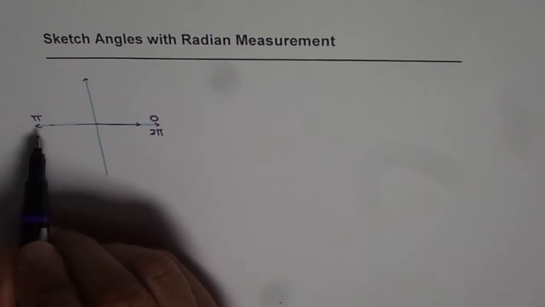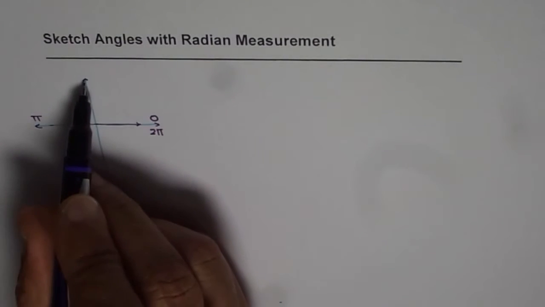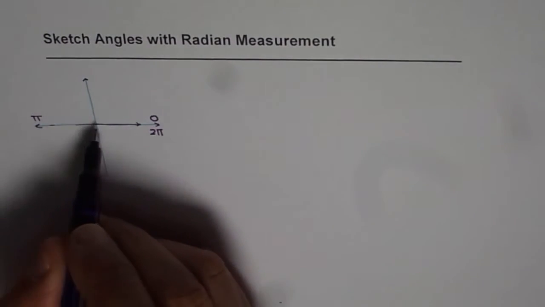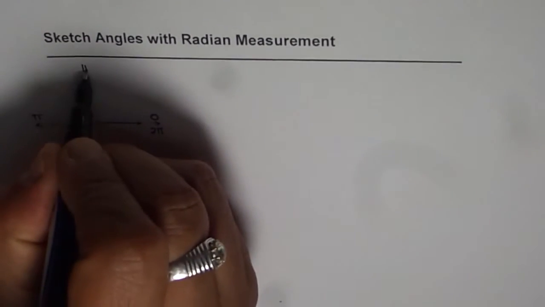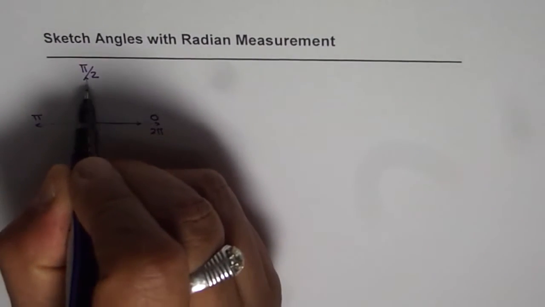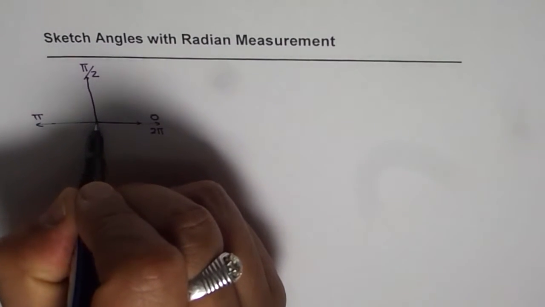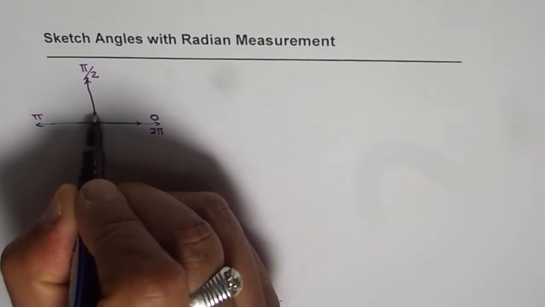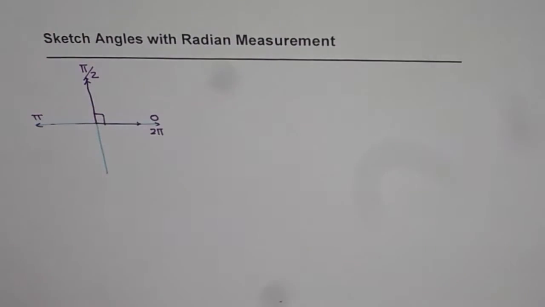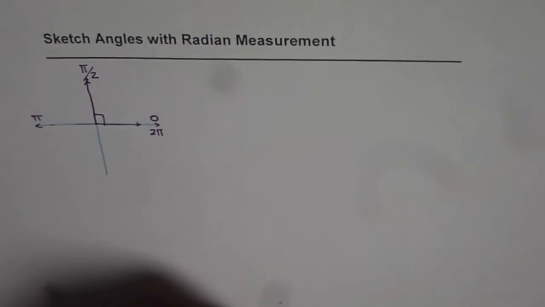Now, if I divide this pi into two equal parts, I get half of pi. That means this is pi by 2. So the angle, which is kind of like this, the 90 degrees which we see when we convert to degrees, is pi by 2, correct?